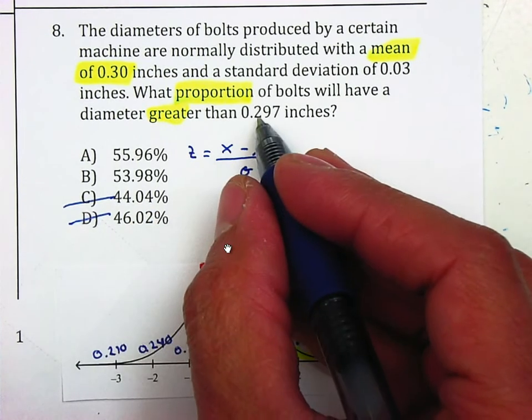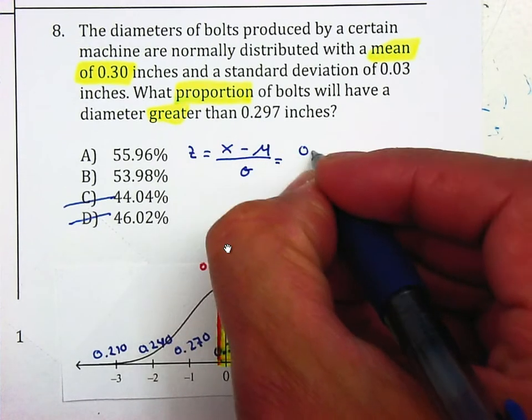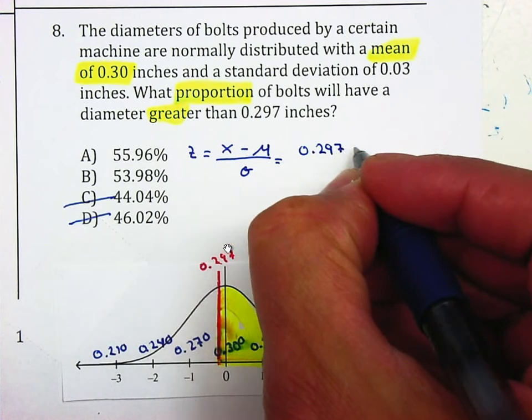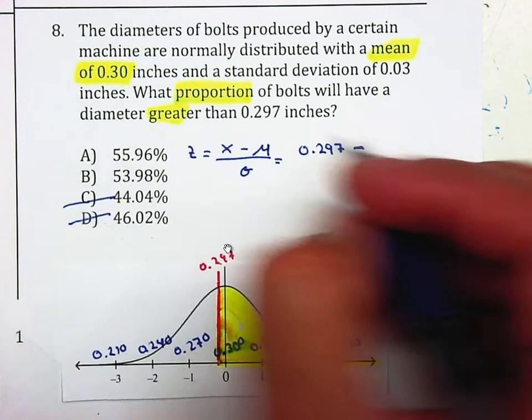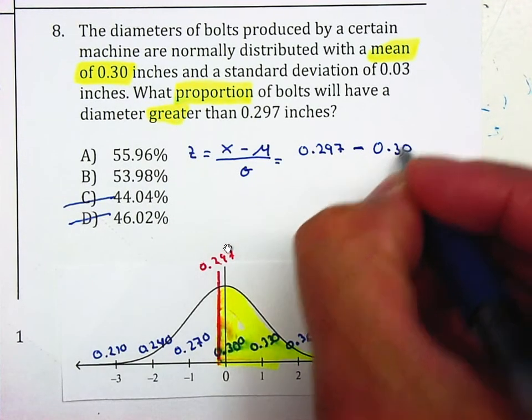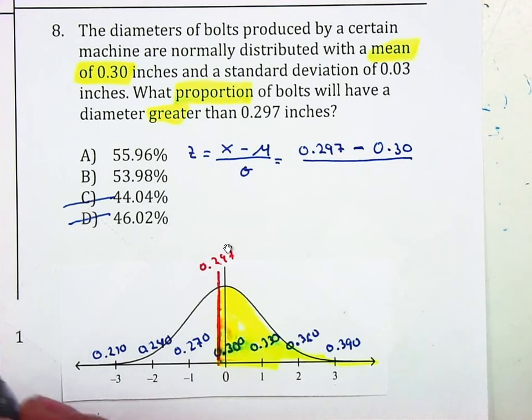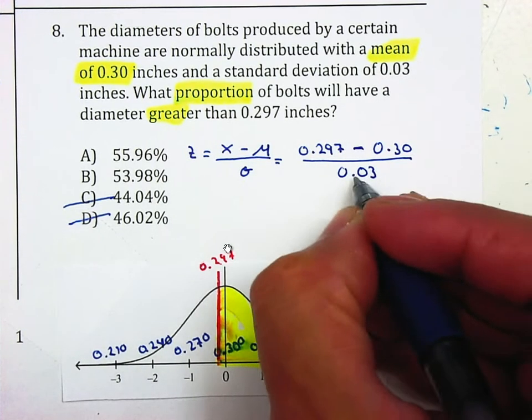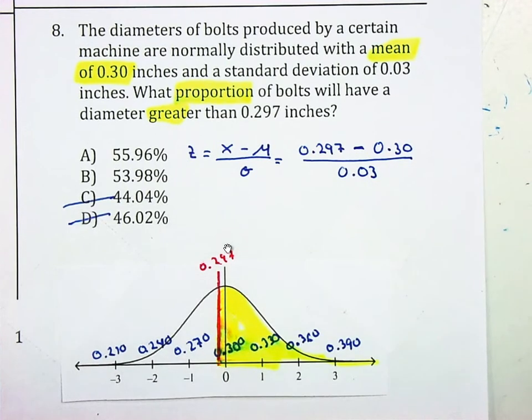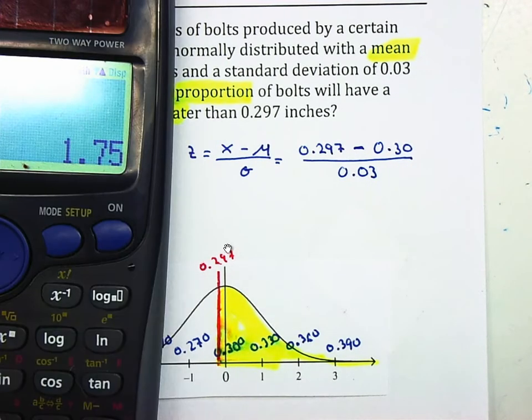X is the one that we're looking for, so it'll be 0.297 minus your mean, which is 0.30, divided by your standard deviation, which is 0.03. Just be careful with your decimals. And I'm now going to type that into the calculator.